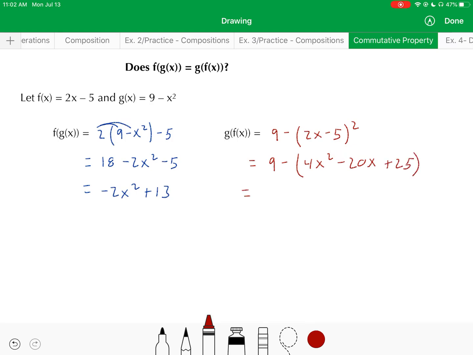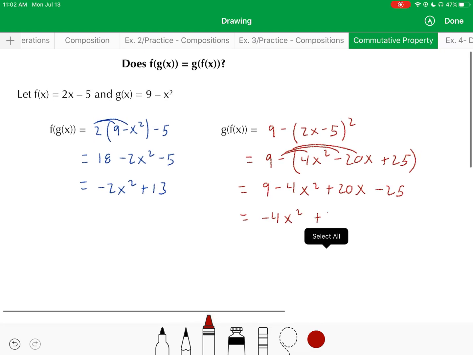Then I would distribute my negative here. Okay. Combine like terms, and I end up with negative 4x squared plus 20x minus 16.